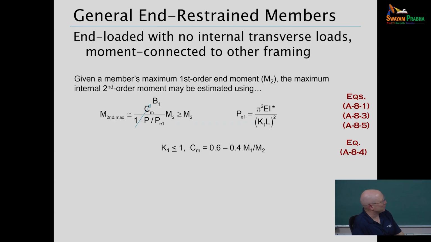Given the end conditions, we can calculate an effective length factor. We'll look at some tools for doing that a little bit later today, either computational or hand tools that we like in the Americas. So that's the general approach.